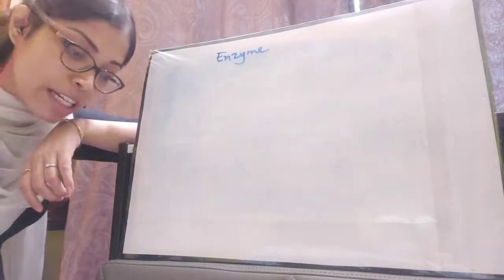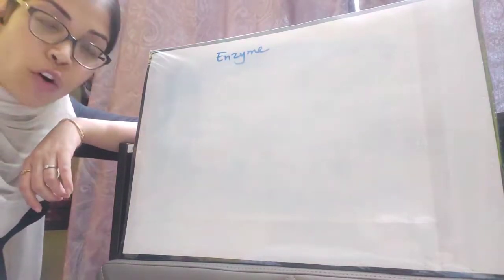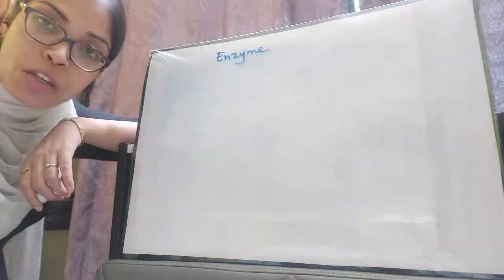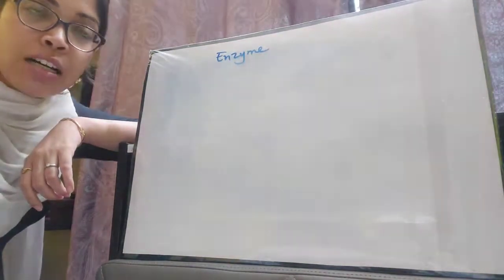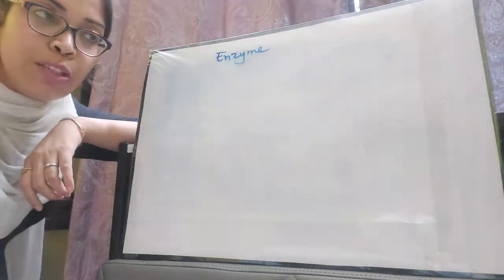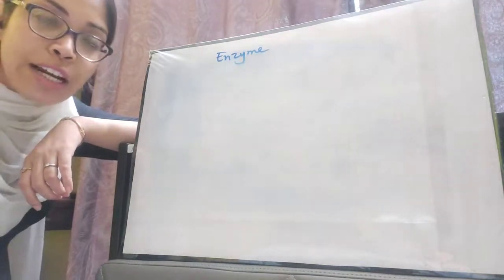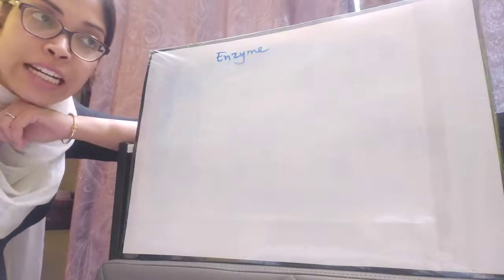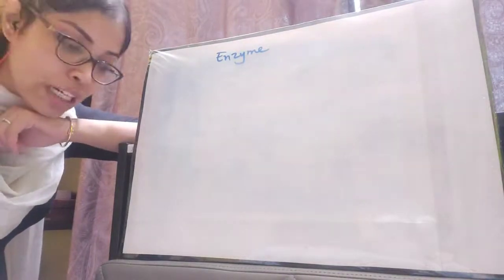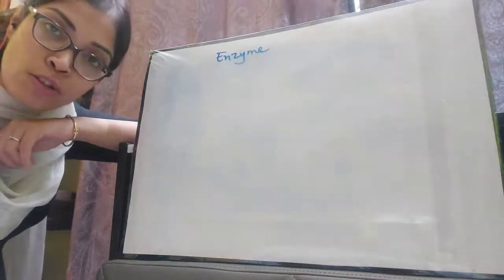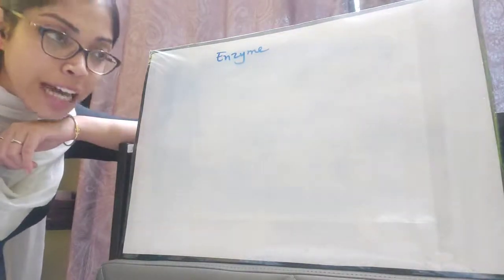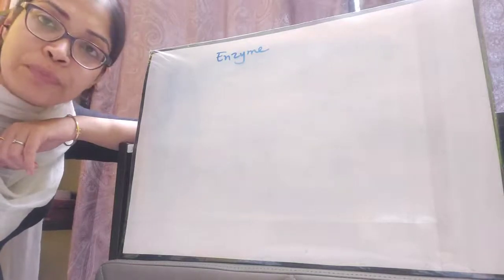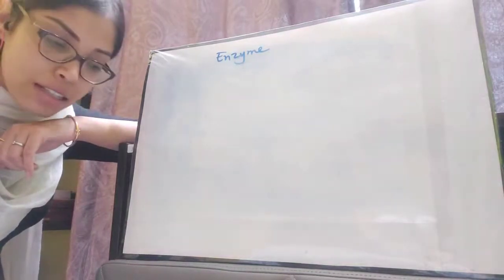How can we define enzyme? It is an organic catalyst. Catalyst, everybody knows, means any substance or molecule that accelerates the rate of a reaction without itself getting affected, right? So enzyme is also like that, but it is an organic catalyst. Organic means present inside living cells.